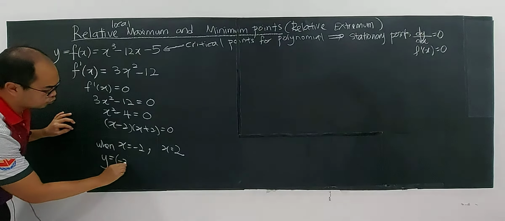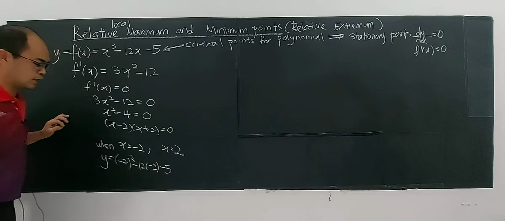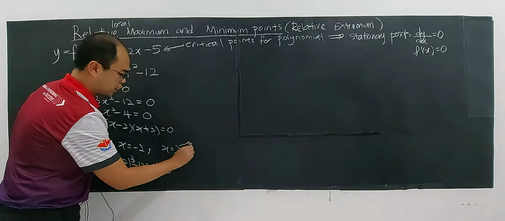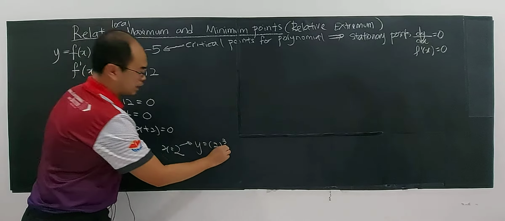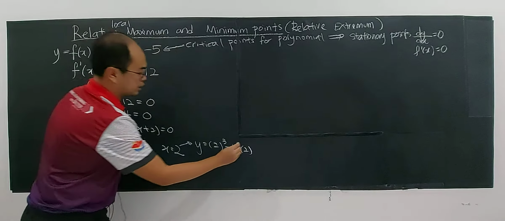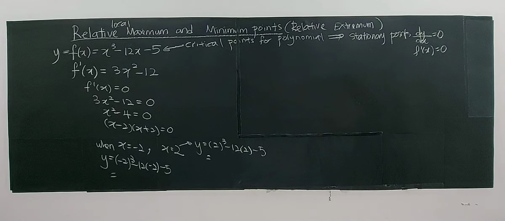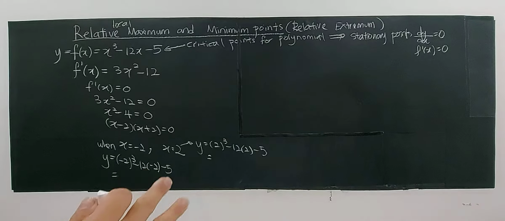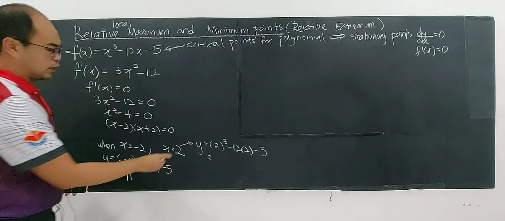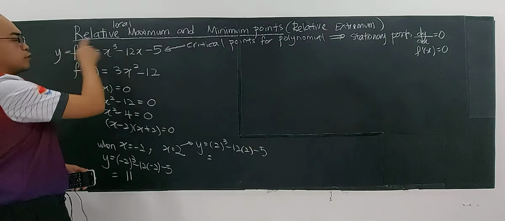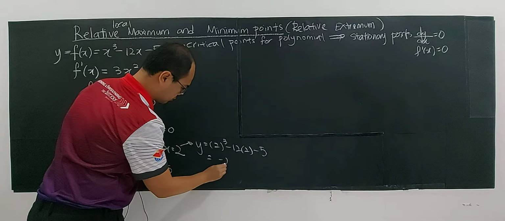So y is negative 2 to the power of 3 minus 12 times negative 2, minus 5. For x equals 2, the y value will be 2 to the power of 3 minus 12 times 2, minus 5. Using a calculator, we get 11 for the first case. Substituting 2 into the function, we get negative 21.